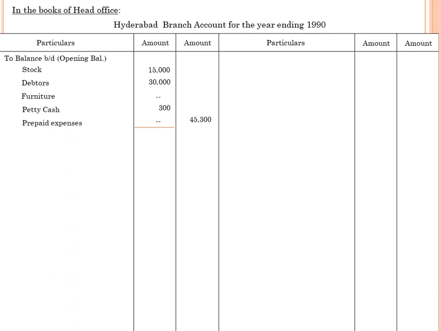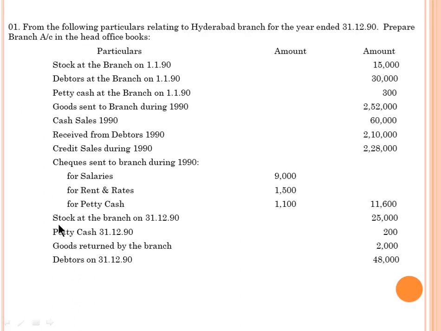Now we are going to move on to the credit side by closing balance of assets. Write down here by balance carried down, closing balance. Now we look into the question. Here the closing stock 25,000, petty cash at the end 200 and debtors at the end 48,000.